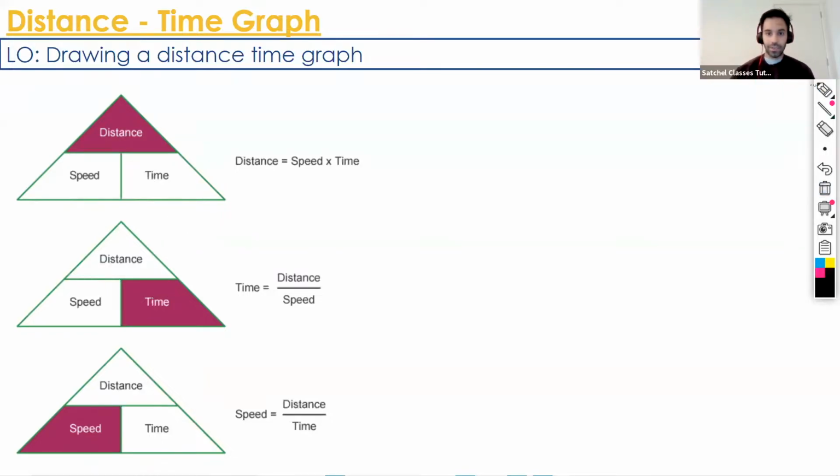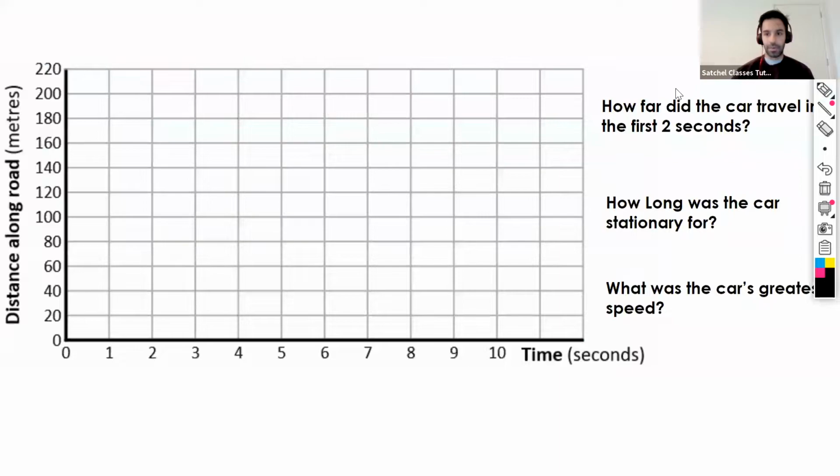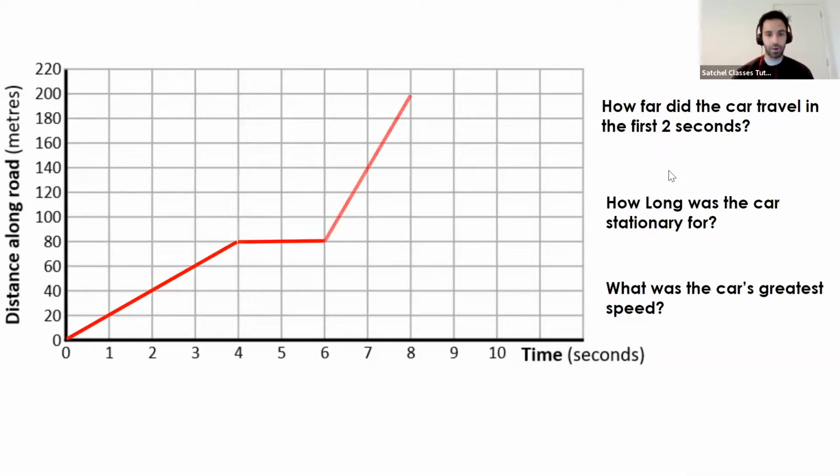Now, let's start with this question here. Let's move this over here. There we go. It says, how far did the car travel in the first 2 seconds? Well, first, this is our distance time graph, and we want to work out how far the car traveled in the first 2 seconds.